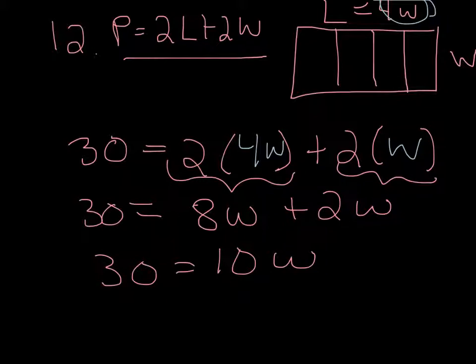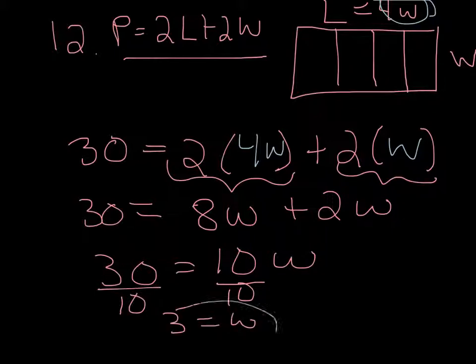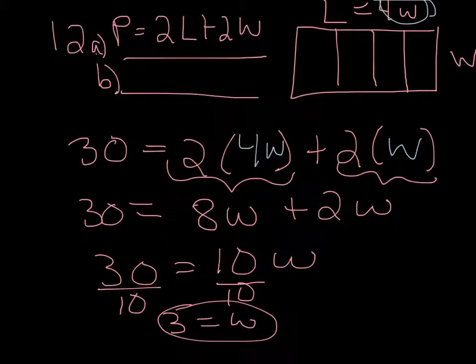And now we need to look at it as saying 10 times what number equals 30? Well, we divide by 10 on both sides, and that gives us a 3. So our answer for B, for the width, is 3 feet.